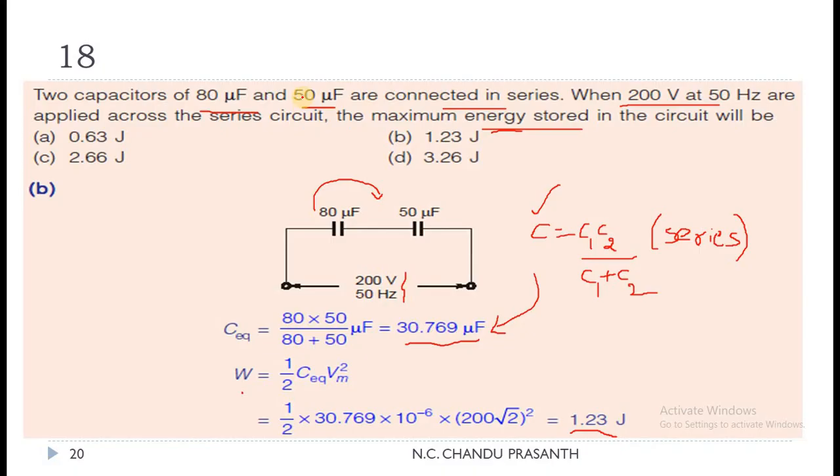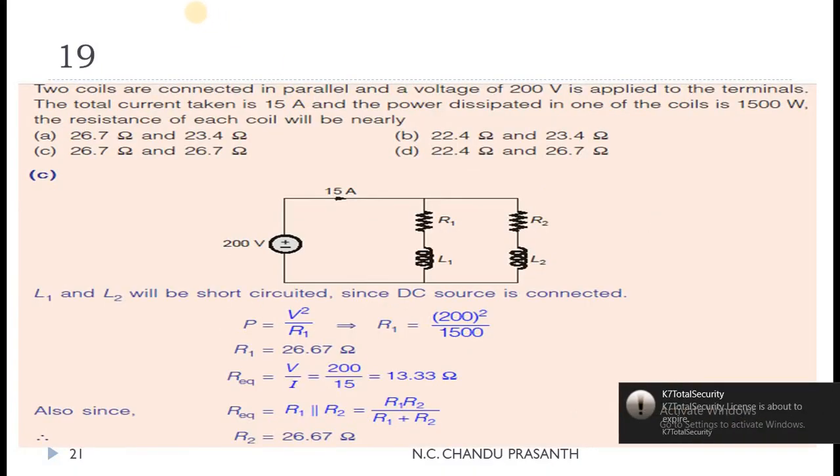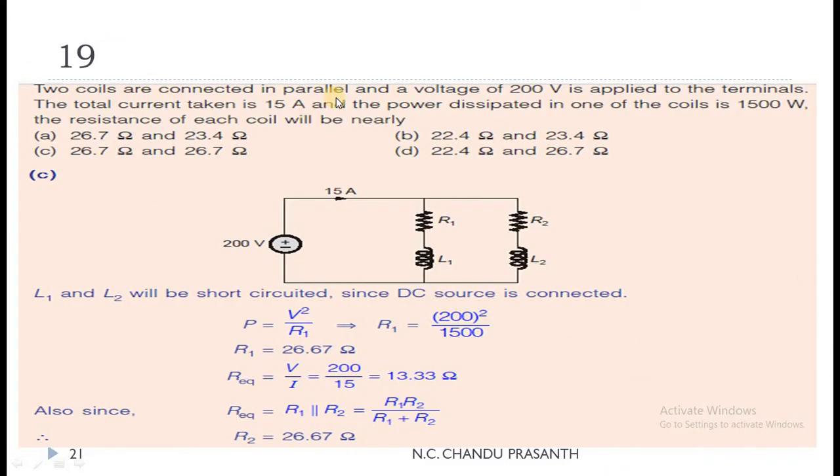Okay, and the next one, 19th one. Two coils are connected in parallel and a voltage of 200 volts is applied to the terminals. The total current is 15 amperes and the power dissipated in one of the coils is 1500 watts. The resistance of each coil will be nearby.